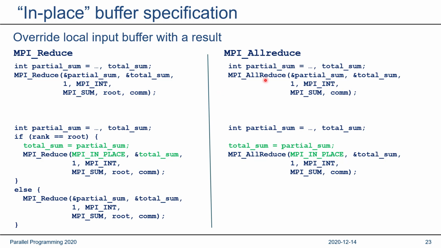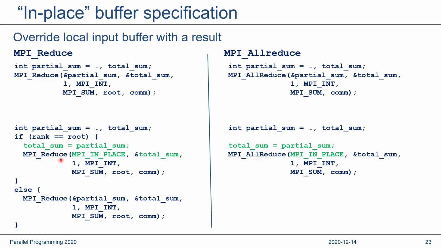Here's an example with MPI_Allreduce. Again, you want to avoid having to specify two buffers at every rank. Actually, it makes more sense with allreduce than with reduce, because with allreduce, all MPI ranks are the same. There's no special rank like in MPI_Reduce.